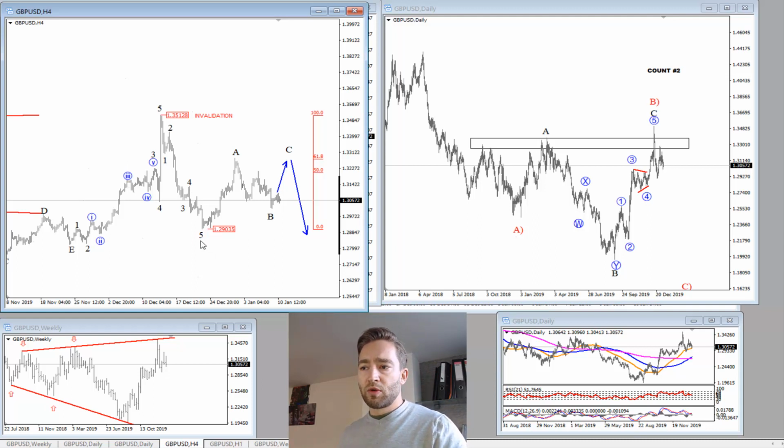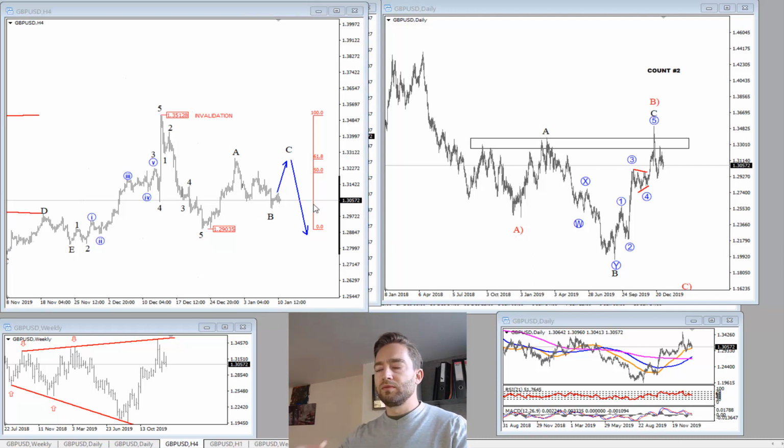But this drop may not resume just yet from current levels, because I'm tracking a 3-wave movement here from the lows, and ideally we will see a test of 61.8%, and then maybe we get a reversal in the second part of this January. Okay, so cable, I think more weakness as long as we are trading below that high.